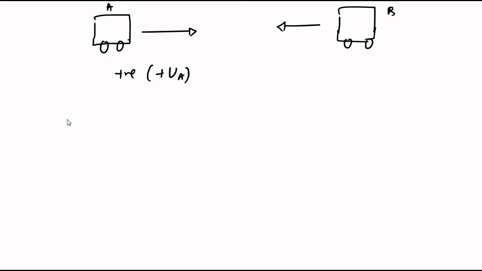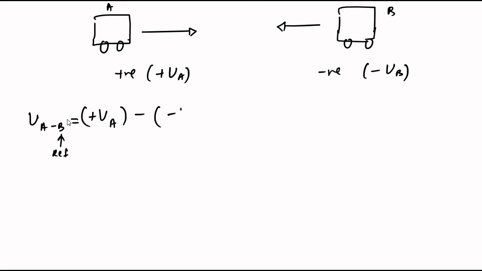B is moving towards left, so it will be negative, minus VB. So the relative velocity of A with respect to B, with B as the reference, will be VA minus (minus VB), which is VA plus VB.